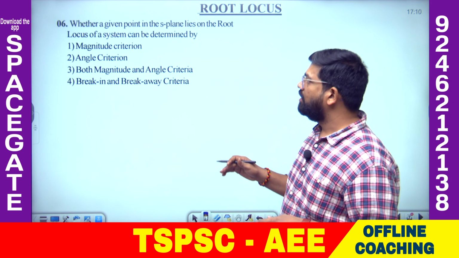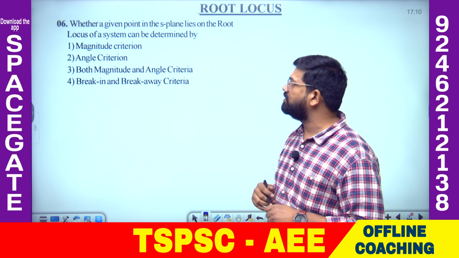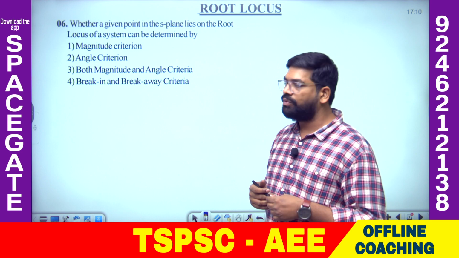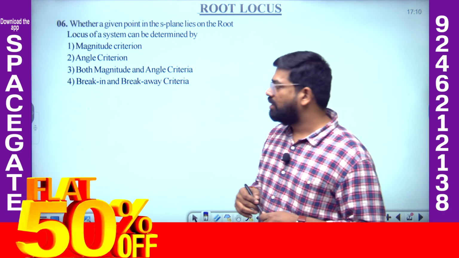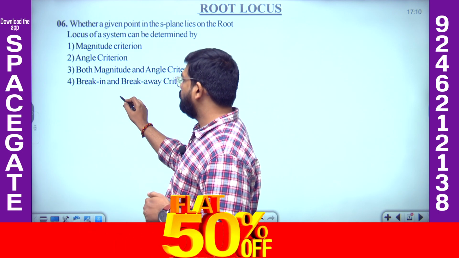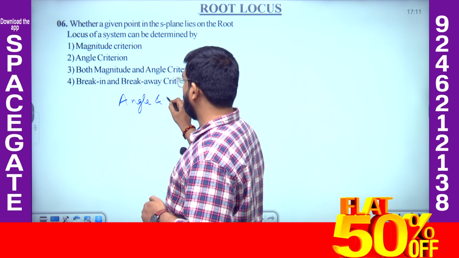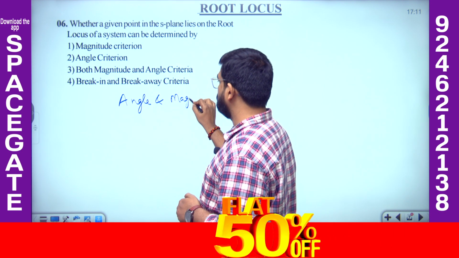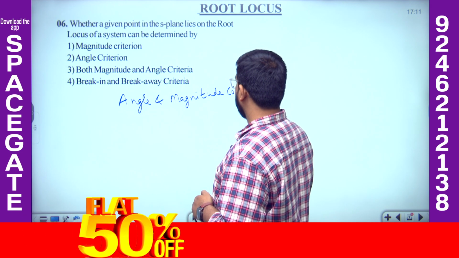If you observe, whether a given point in the S-plane lies on the root locus of a system can be determined by what? So how do we check that? Observe here, we have both the angle condition as well as the magnitude condition.